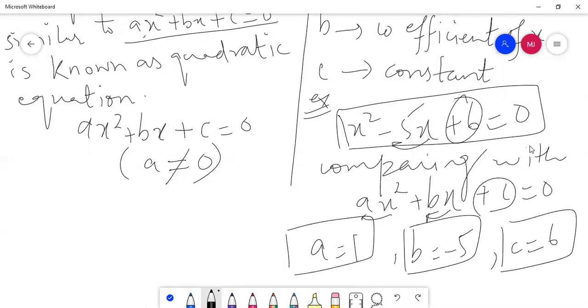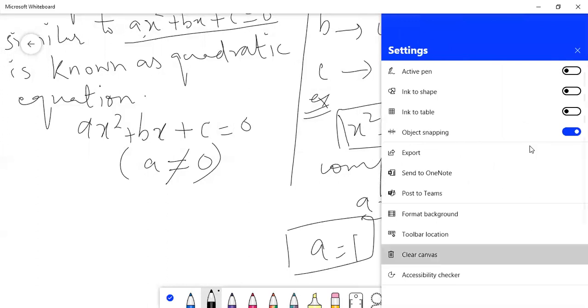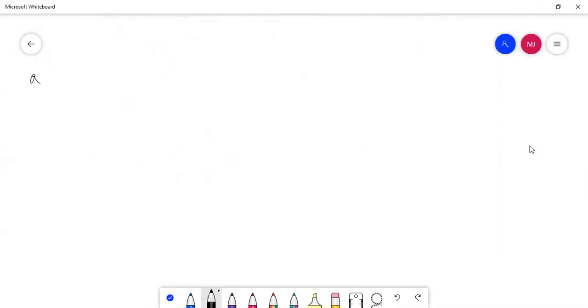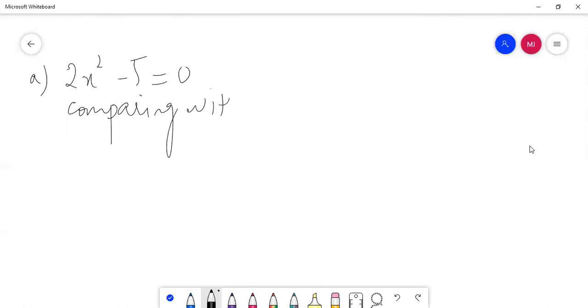Okay, so let me give you another example. Whether or not this is quadratic equation, yes, this is quadratic equation. If I compare with ax square plus bx plus c is equal to 0, I will get a is equal to 2, because a is coefficient of x square.